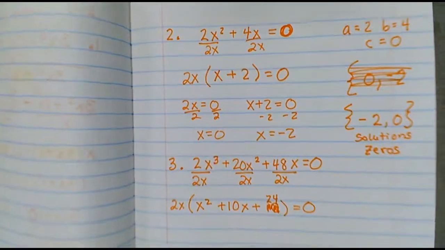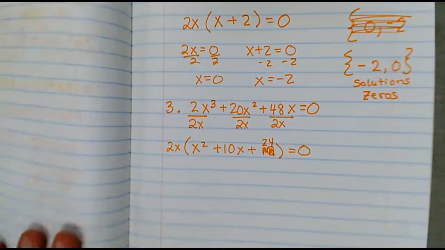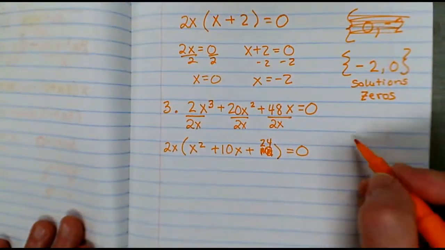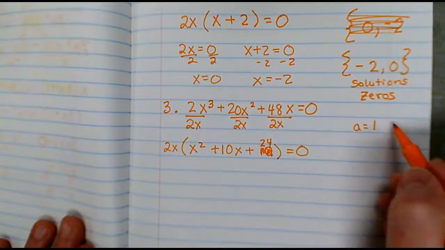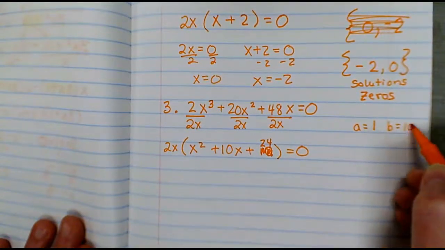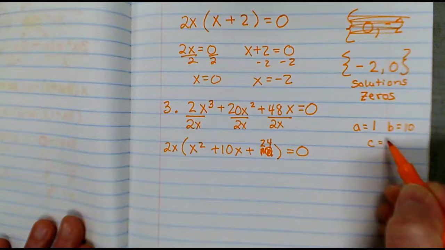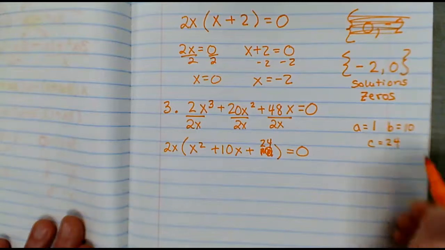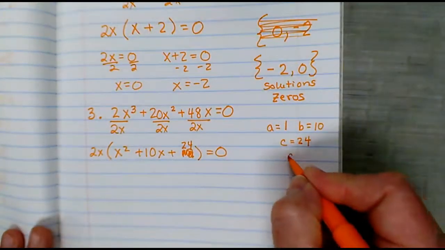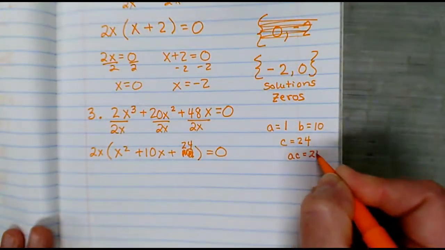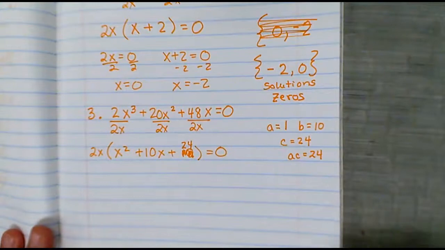Now, looking at the part in the parentheses, the A for the part in parentheses is 1, the B is 10, and the C is 24. When you multiply the A times the C, that's a positive 24.